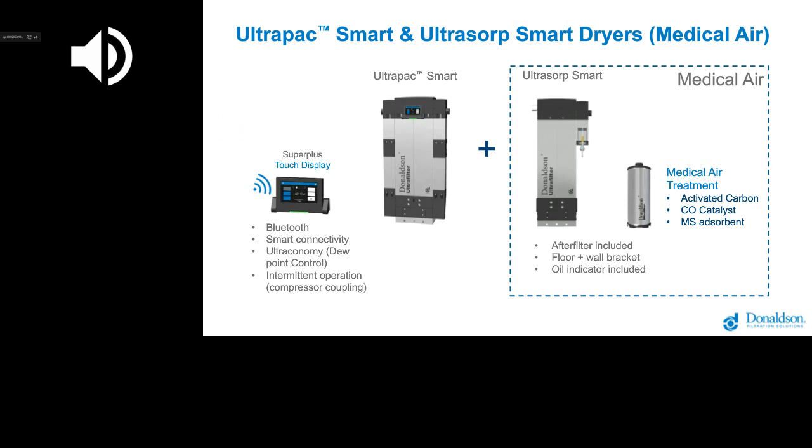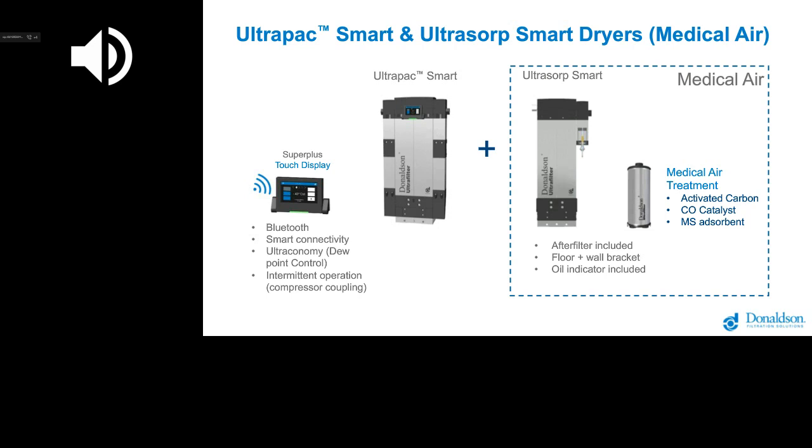All right, moving on with the UltraPAK Smart range. Our offering here for the medical air solution is a combination of the UltraPAK Smart Adsorption Dryer and a special adsorber module, using filters and cartridges for medical air treatment.